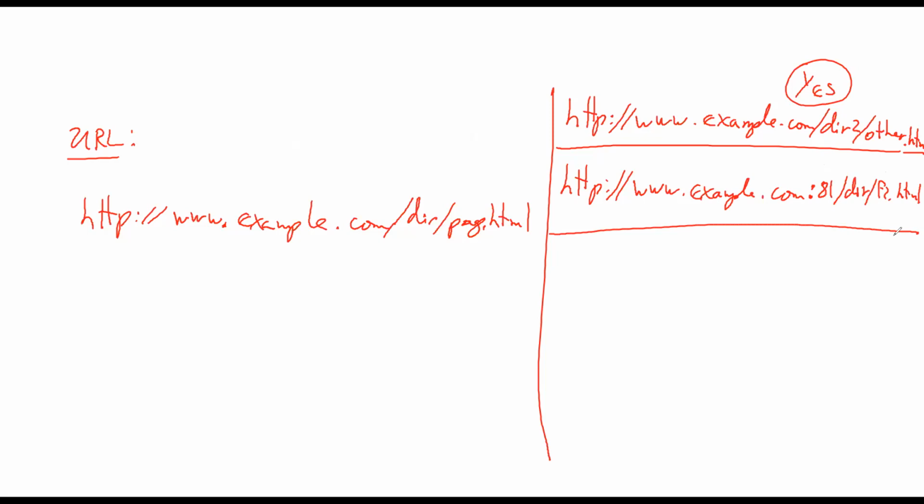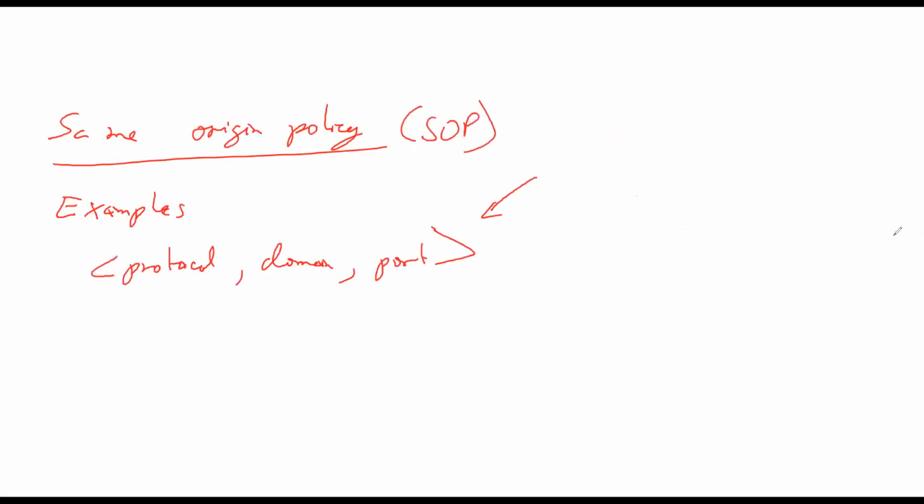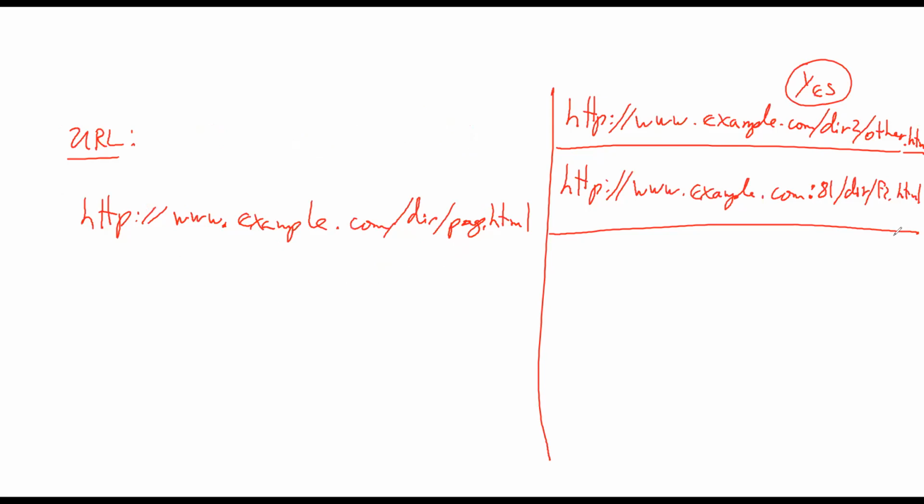If the other two have the same port number as 81, then it would be the same, right? Well, look at the definition. To have the same origin, you have to have the same protocol, domain, and port number. They have the same protocol, the same domain, but look at the port number.